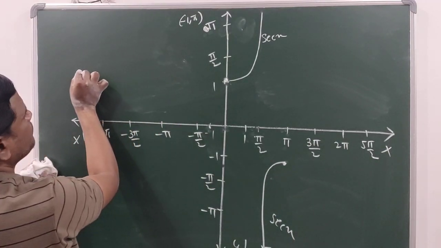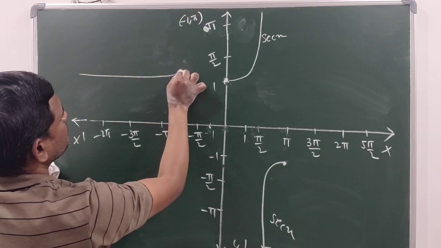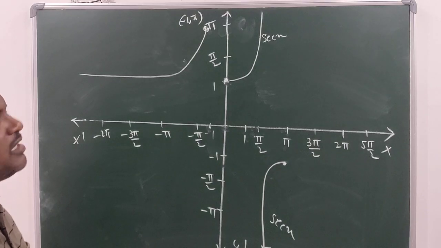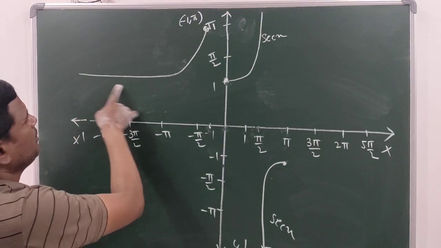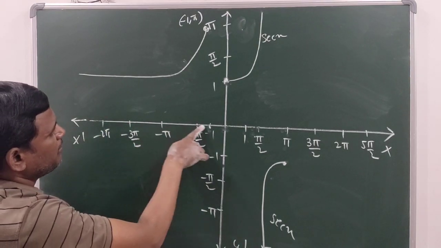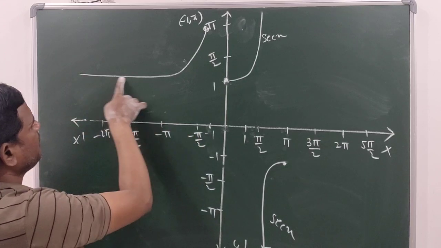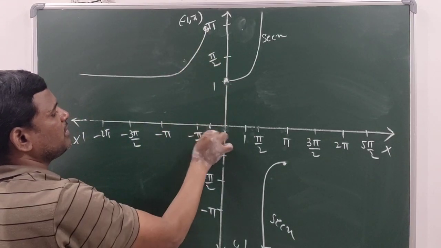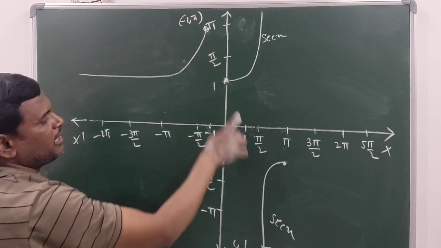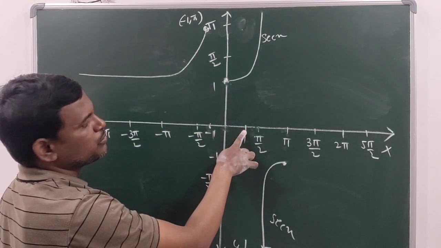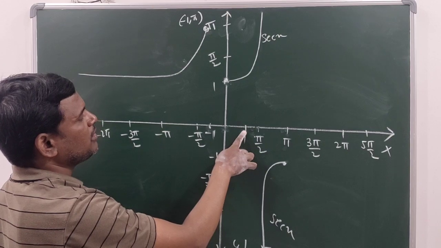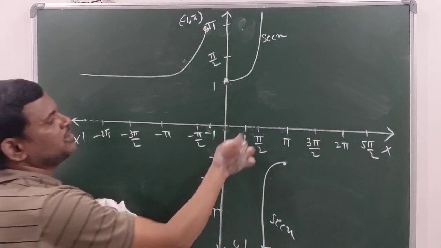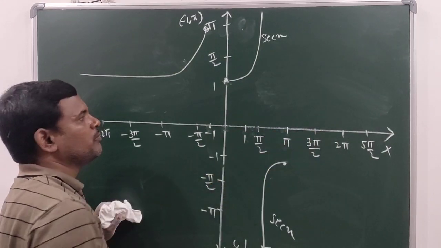Now you get the graph like this. Students, you get the graph like this. From where to where? So here. Your domain value is minus infinity to minus 1. You are getting like this. You are reaching minus 1 comma pi. Next 1 to infinity.